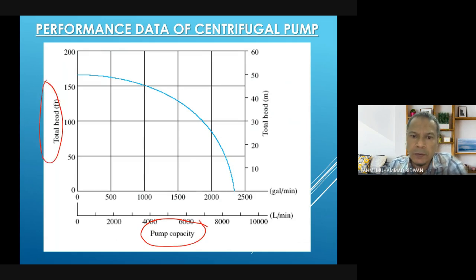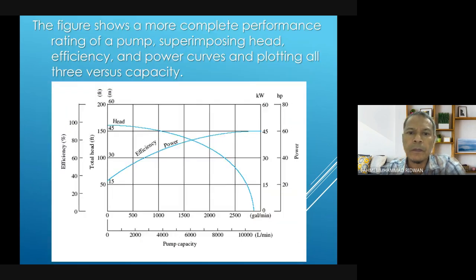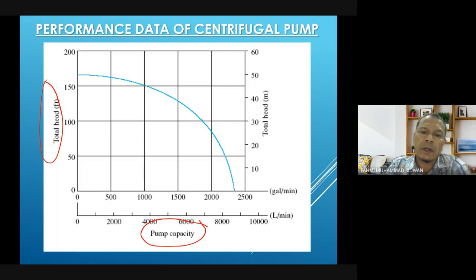So from this correlation, let's say we have a pump with a capacity of 4,000 liters per minute. We can draw a straight line here until this point, so we get the total head here, around 140.